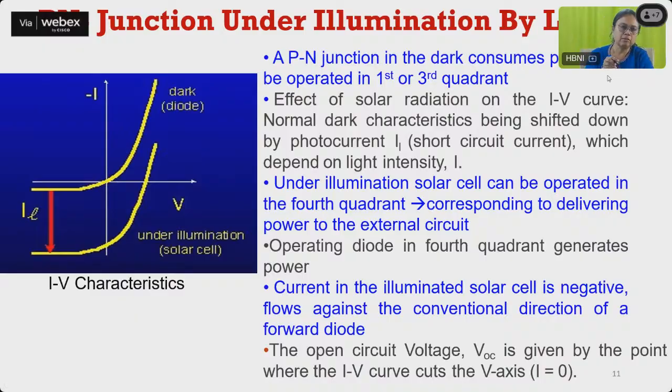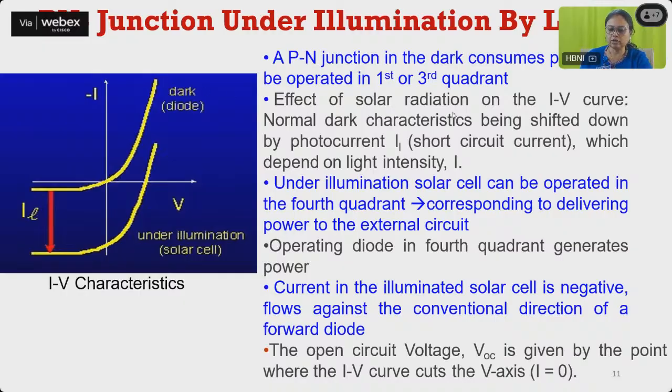Here we can see the IV characteristic. This first part is the dark diode IV. A PN junction in the dark consumes power and it can be operated in the first or third quadrant. This is the IV characteristic of a normal diode, PN junction.